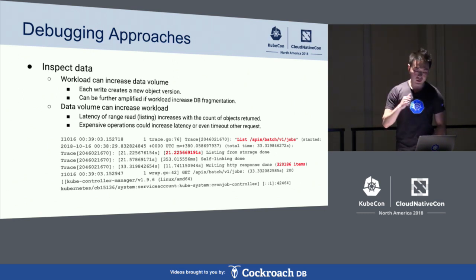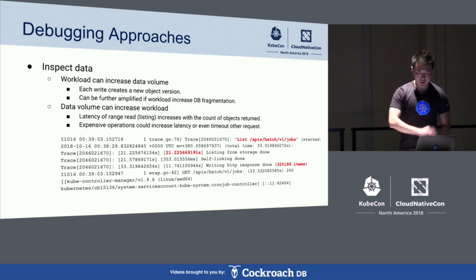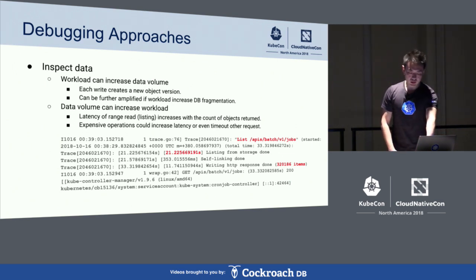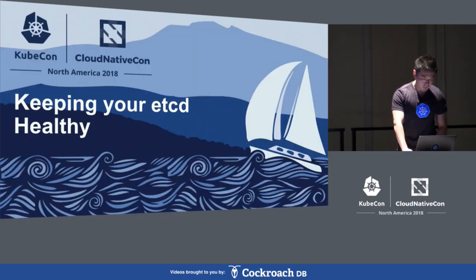I sort of highlighted a different part. It's a list request. It actually requests to list all the job objects in etcd, but you might not be aware that there are 320K job objects in your etcd. So accidentally, you might create a huge request.